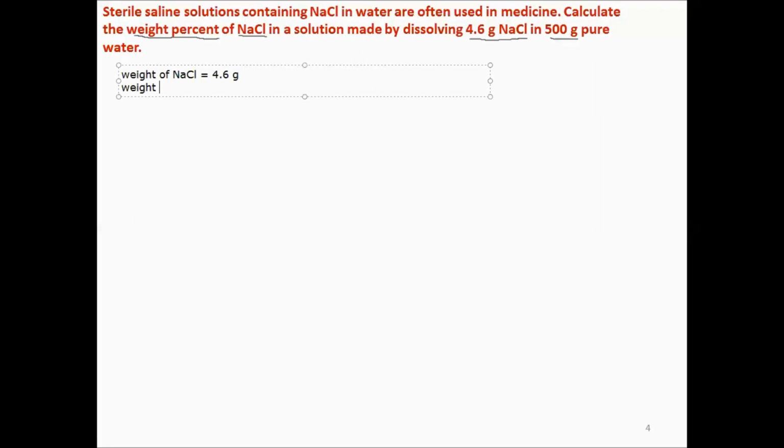So the weight of water is equal to 500 gram. Now a solution is made by adding NaCl to water.